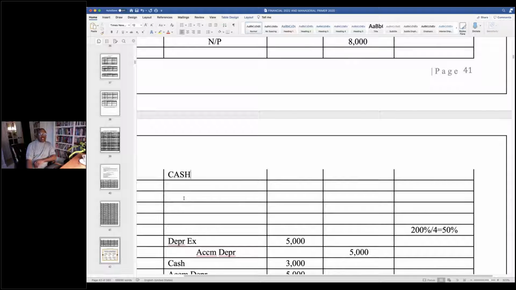Yeah, I gotta use 10,000. So we got 3,000 in cash. The auto cost us 10,000, but we're not balanced.